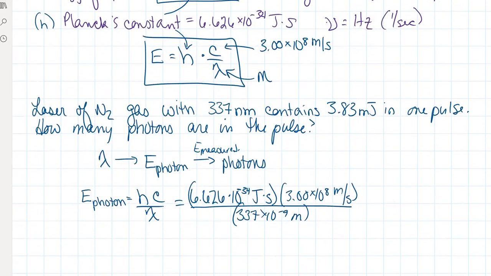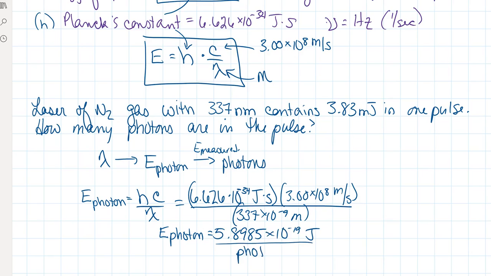And so in this case, I know that the energy of a single photon comes out to be 5.8985 times 10 to the negative 19th joules. And again, this is of one photon, so I can even label this as joules per photon to help me out. I'm also going to put a little line under that 9 to help remind me where my significant figures need to go.